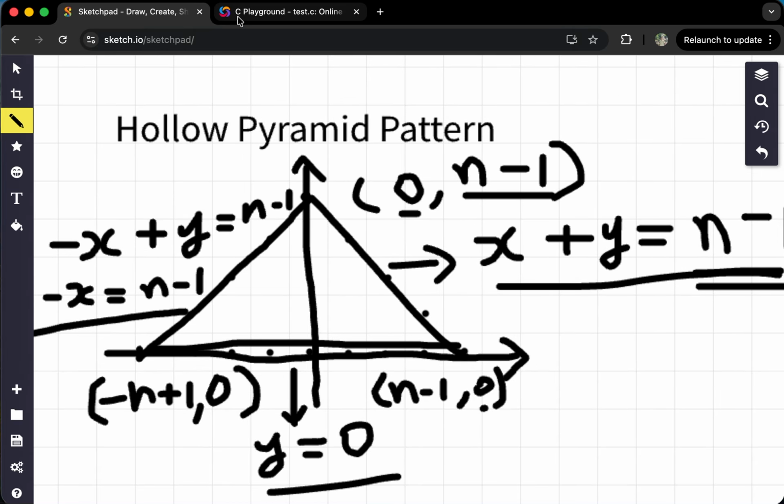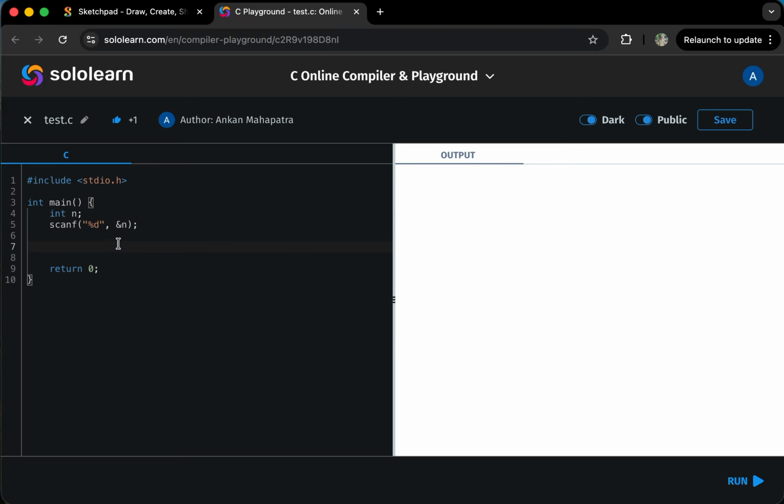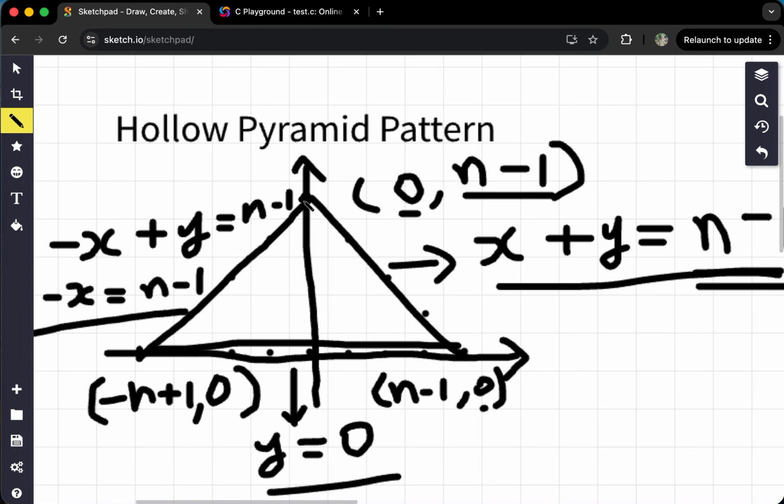So now let's see the code. So firstly, we will take n as our input and n would be an integer. After this, we have to iterate over our rows. So that is the y coordinates. So we are starting from y equal to n minus 1 and we have to decrement y till y equal to 0.